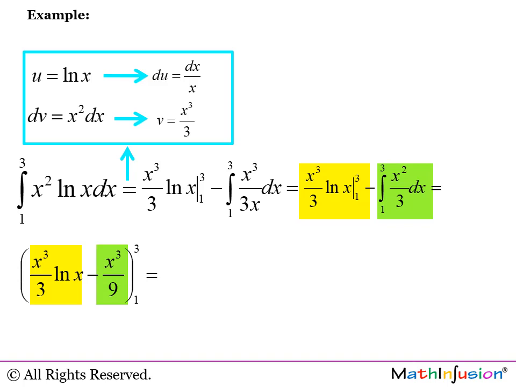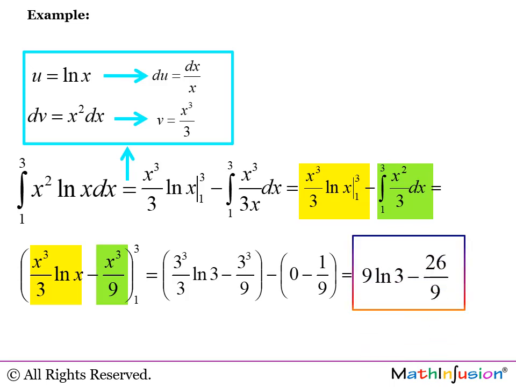The only thing left to do now is to substitute the limits 3 and 1. And here's what we get. I would like to recall ln of 1 is 0. That's how we got this 0. And now we can do the algebra. And we get 9 ln of 3 minus 26 over 9.